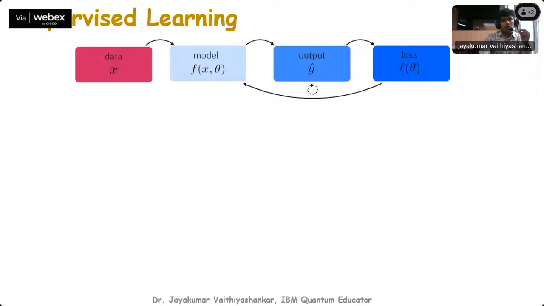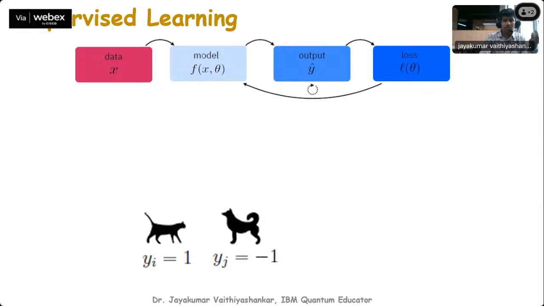Suppose you are using a supervised model, you are able to control your data. You are able to give the labeled data. If you give y_i equal to 1 to represent a cat, then you can represent y_j equal to -1 for a dog. So you are helping your model with distinguished labels. This is what is called supervised learning.